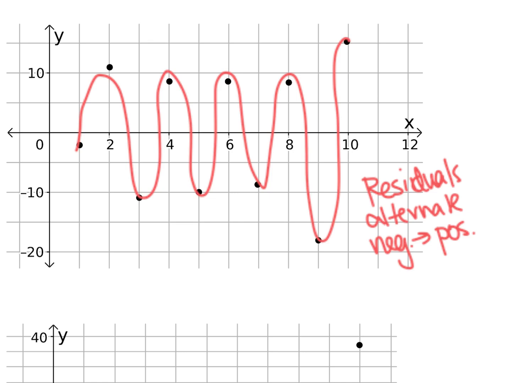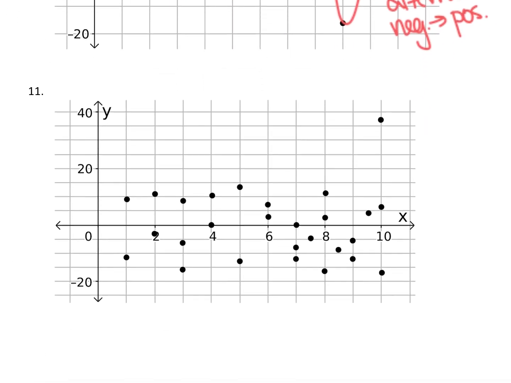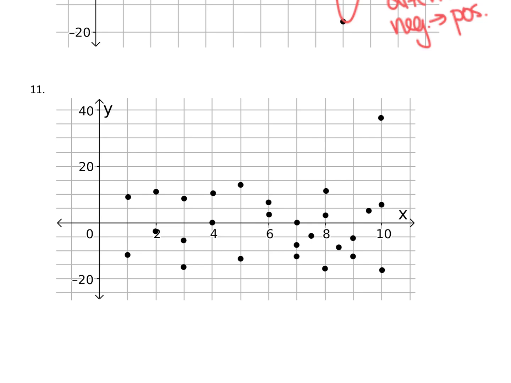All right, let's look at our last one, number 11. So here, do you see how it's pretty obvious that there is an outlier here? Look at this one over here. I would definitely consider this an outlier, where we really haven't had one that's obvious so far.